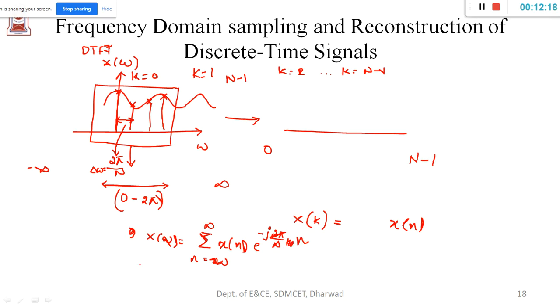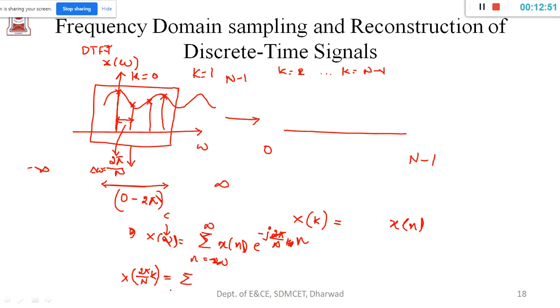Now what we did here, we split this omega, that is, we sampled the omega. Omega is frequency. What type of frequency? Continuous frequency. So we split this frequency in such a way that each individual sample is of size 2 pi by N, and K is the number of cycles. What is the length we are considering?